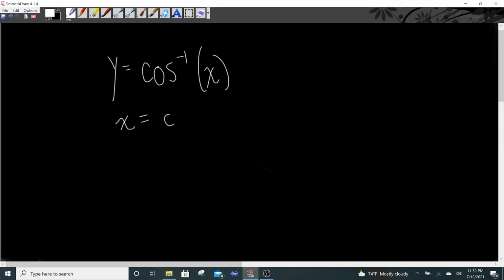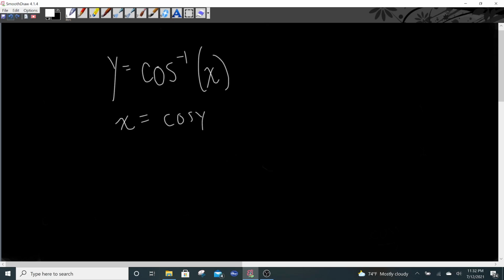If we switch our input values and then use the inverse of the actual function, then the inverse of an inverse is just going to be that function. So yes, this is equivalent to x equals cosine y.